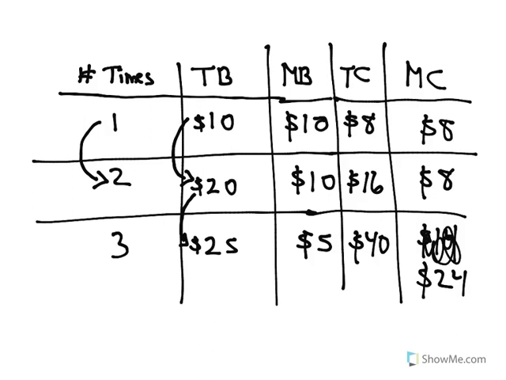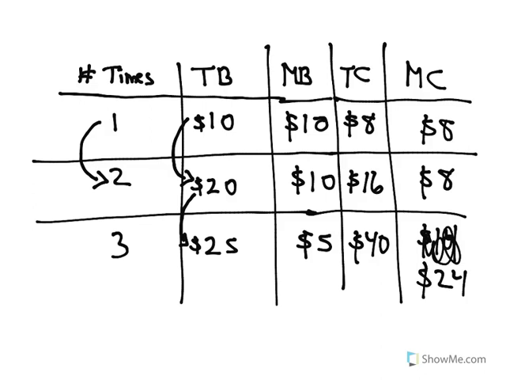And so then the last thing you might be asked is, okay, so how many times should this activity be done? Remember, the rule is do it as many times until the marginal benefit is no longer greater than the marginal cost. They need to be equal, right? So you stop at where they're equal or the last time marginal benefit is greater.